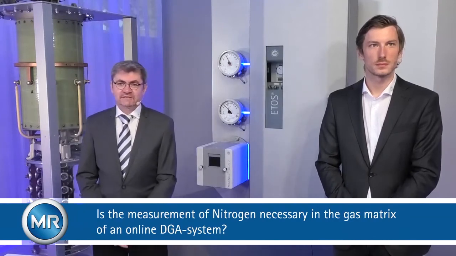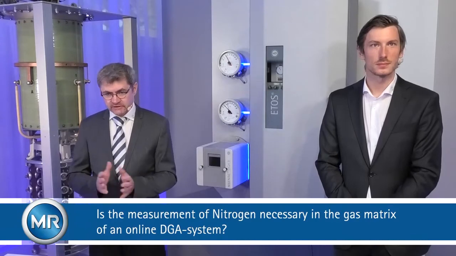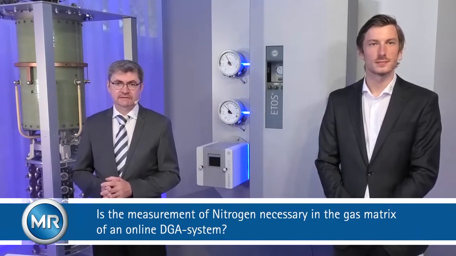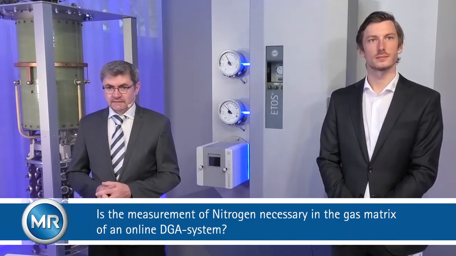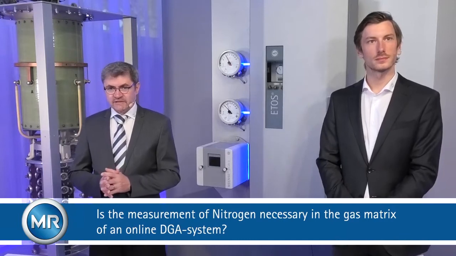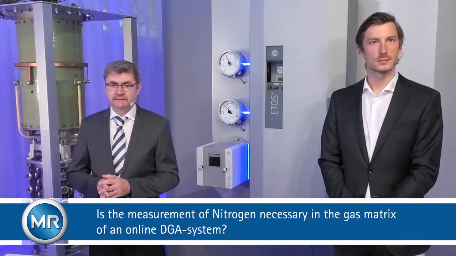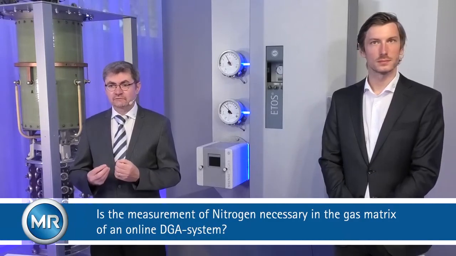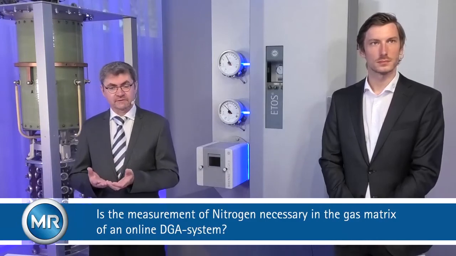For just doing DGA analysis and the according interpretation of the results, the nitrogen measurement isn't necessary. You measure the nitrogen and oxygen content in a laboratory analysis just to get some information on whether something went wrong during the sample taking process, for example.